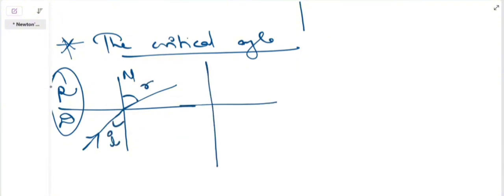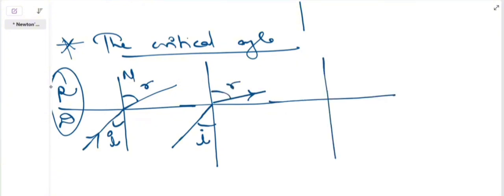Let's check what happens if I increase the angle. If I increase angle I, it will bend more away from the normal. Suppose here again I am drawing the same pattern.